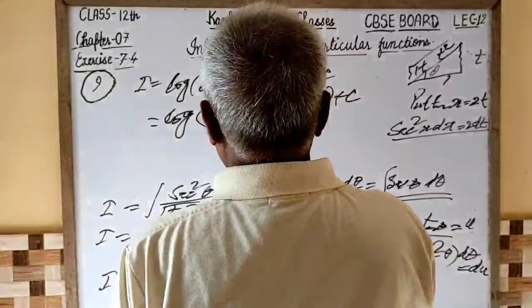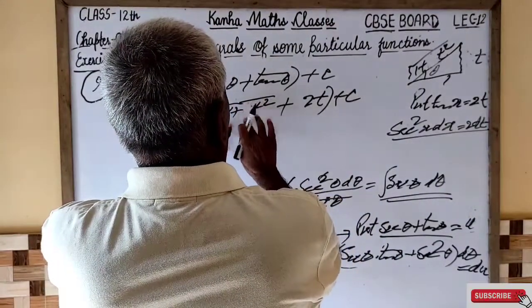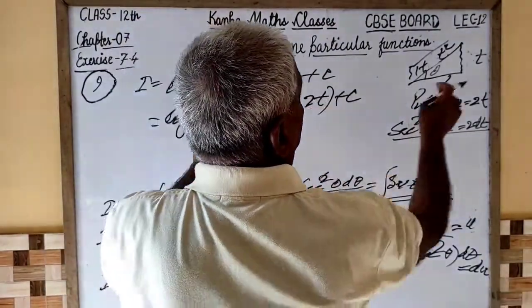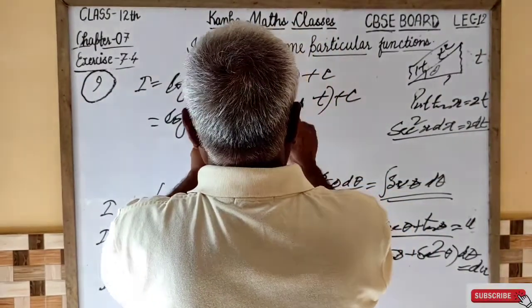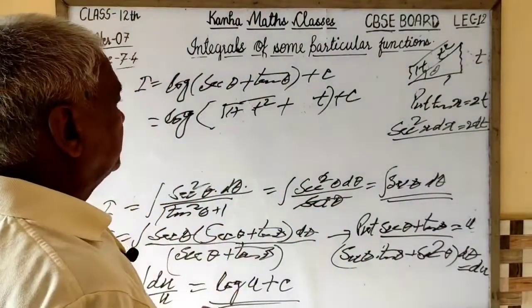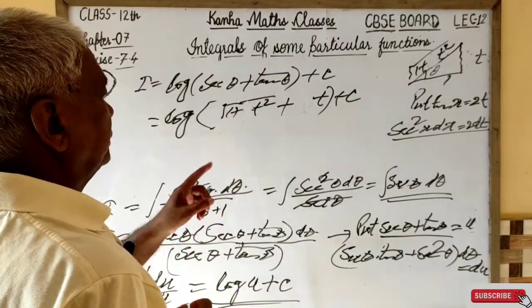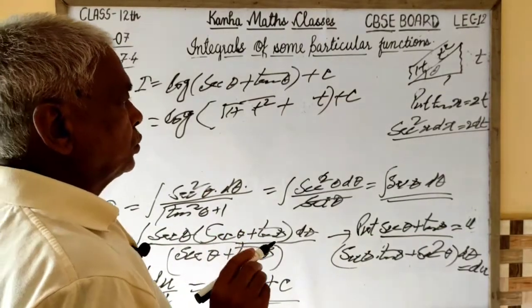So now this will be equal to log of under root 1 plus t square plus t. And now again we will substitute t, which means tan x by 2.